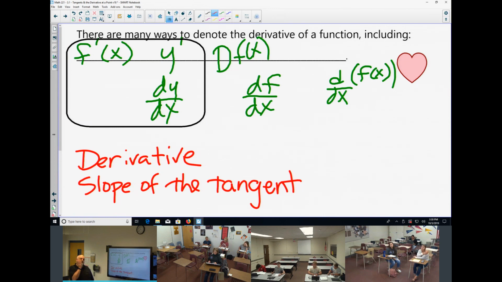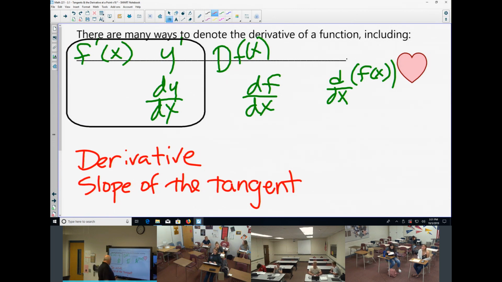Anyone want to venture a guess as to what else the interpretation of the limit might be? Continuity? Okay, continuity is part of it, but no, it's not continuity. But good guess. All right, well, we'll get to some more. But for right now, that's what we're talking about.